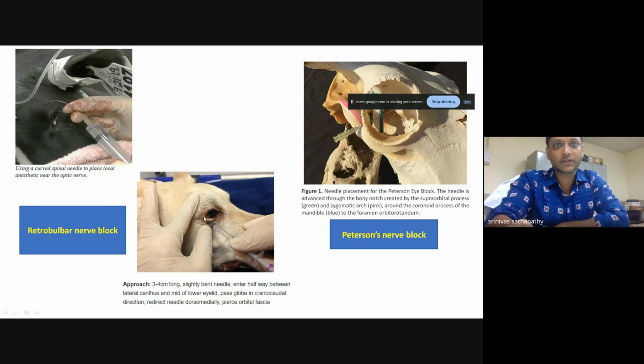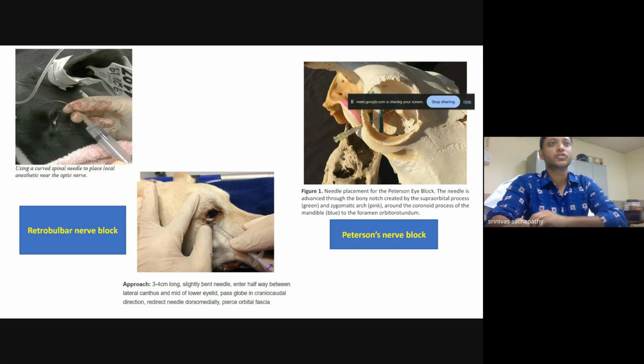This is the lateral canthus of the eye and this is the lower eyelid. This is the area where you have to insert the curved needle, a 3 to 4 centimeter long needle, so that you can approach the foramen orbitorotundum and optic foramen at the back side of the eyeball for injecting the anesthetic solution to perform the retrobulbar nerve block.